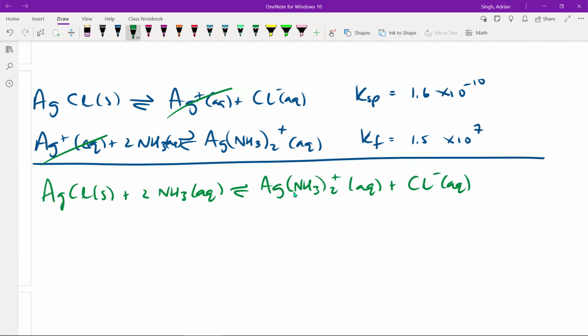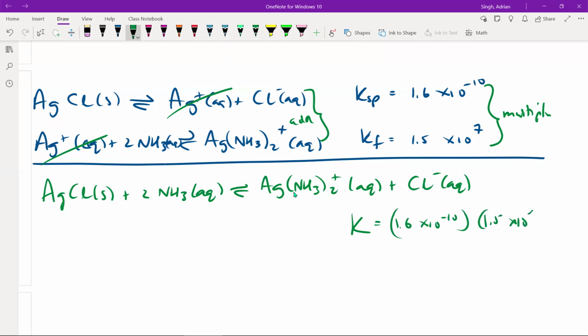When we add these two reactions together, what do we do to our K values? We multiply them. So the K for this combined reaction would be 1.6 times 10 to the minus 10 times 1.5 times 10 to the 7. We evaluate that and end up with 2.4 times 10 to the minus 3.